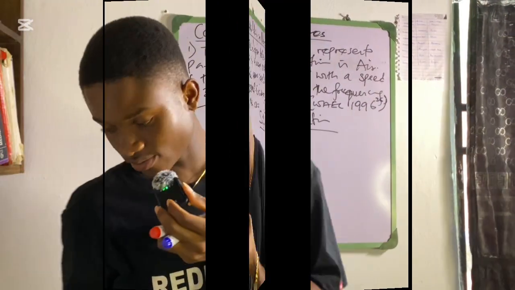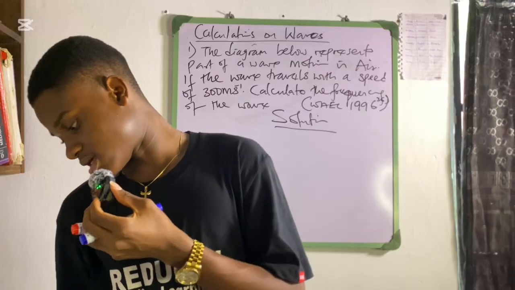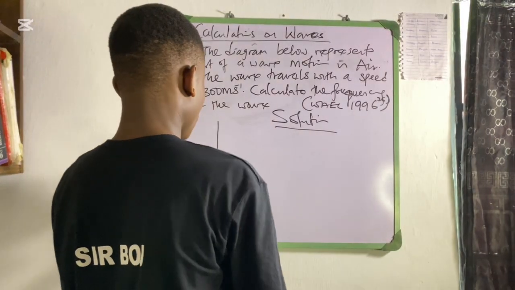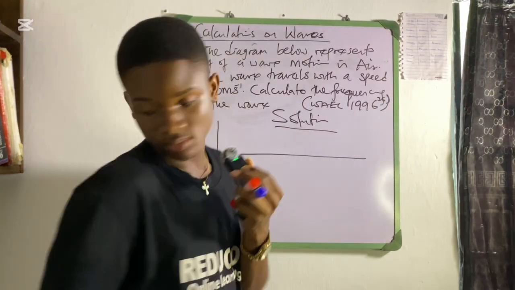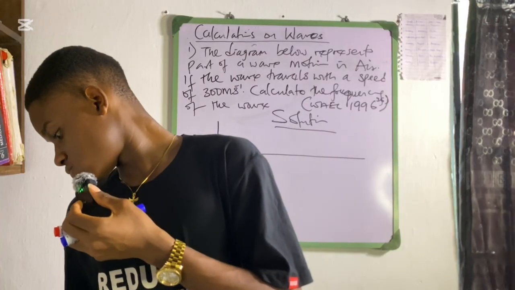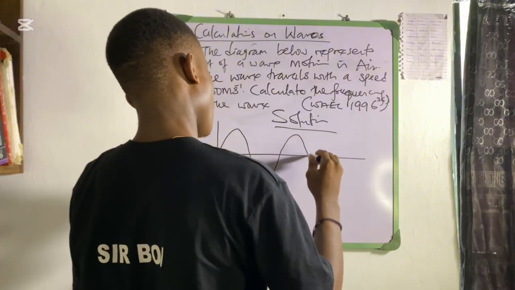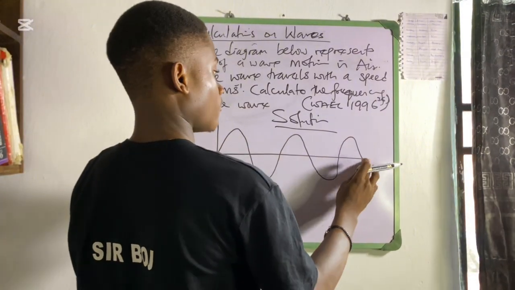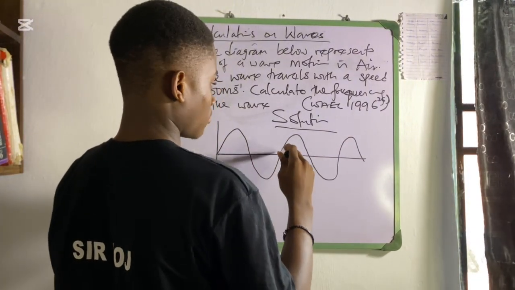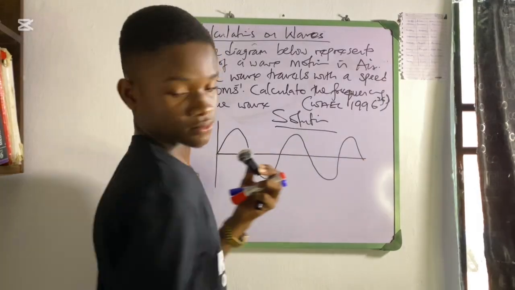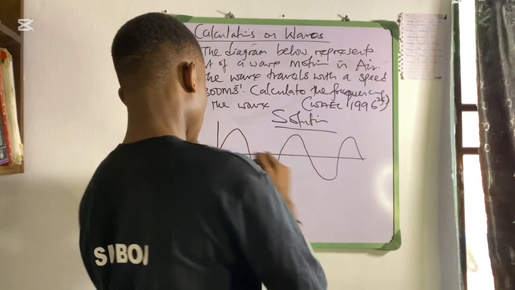We are going to draw the diagram. This is the diagram. So this is 0.